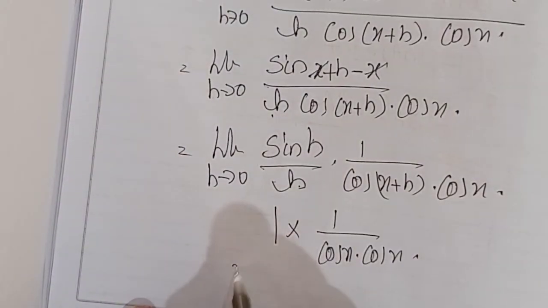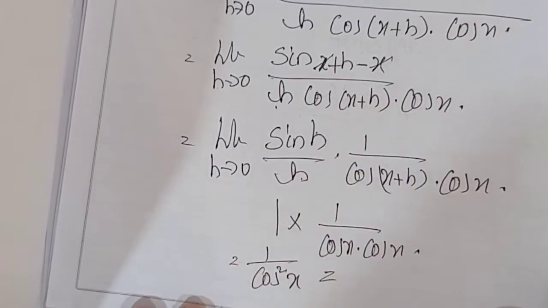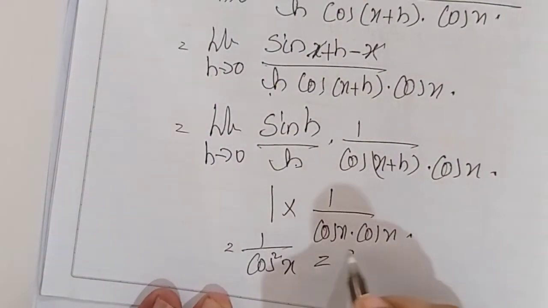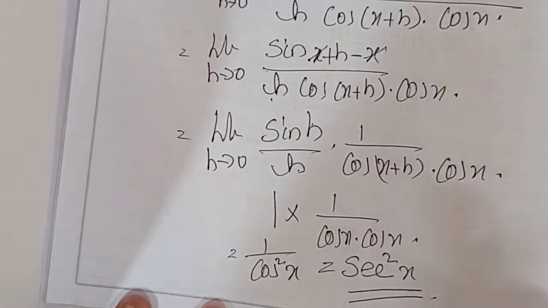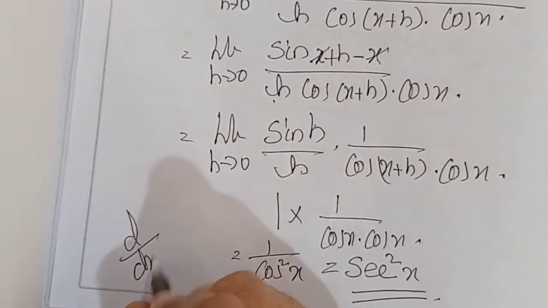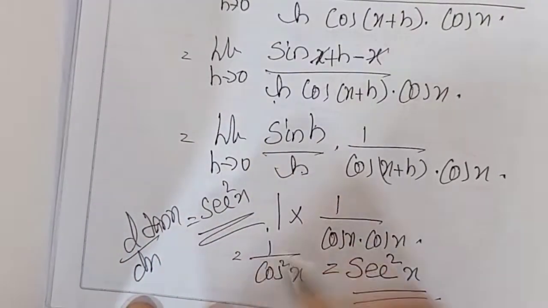Agree? That is 1 by cos square x. What is 1 by cos square x? Yes, sec square x. The derivative of tan x is sec square x. Okay.